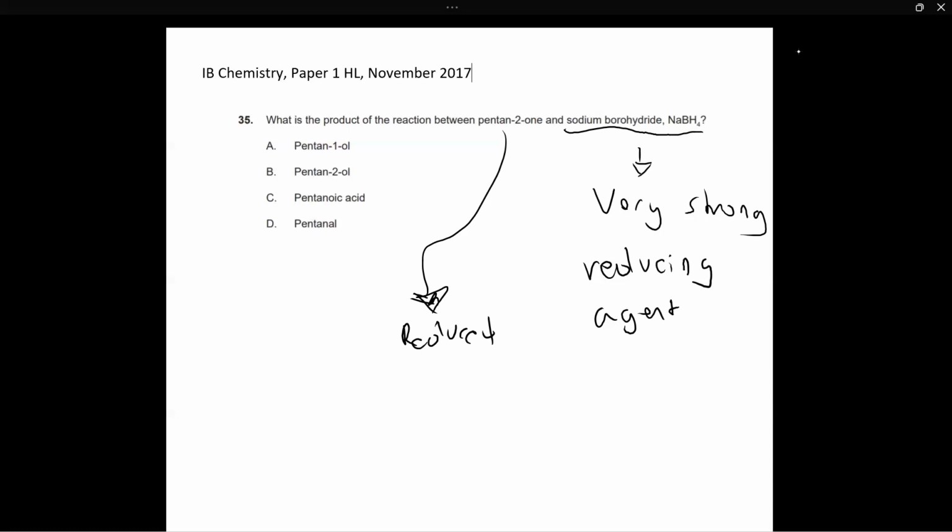If you have studied your previous chapters in organic chemistry well, and by that I mean the SL part, you would have studied the oxidation of organic molecules, which is the opposite of reduction. In SL, we learn what happens when we oxidize organic molecules like alcohols.